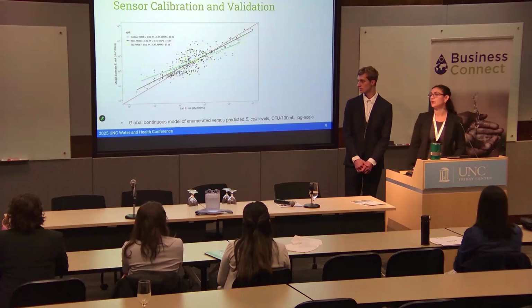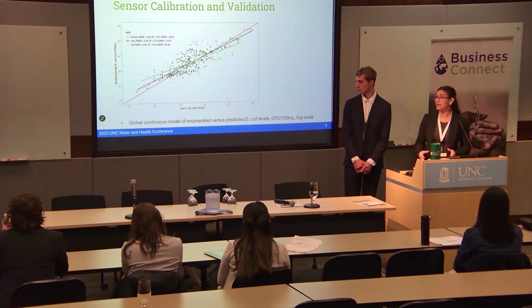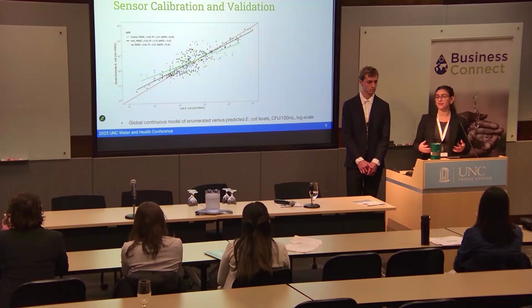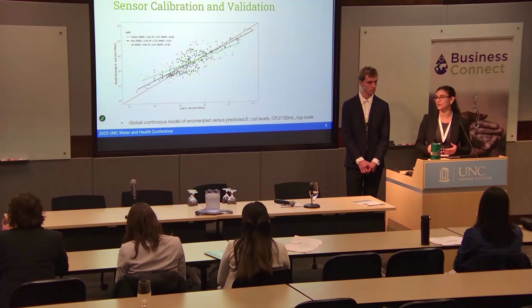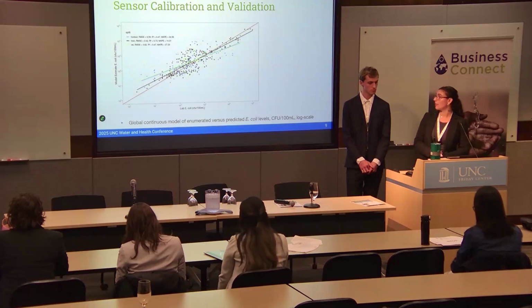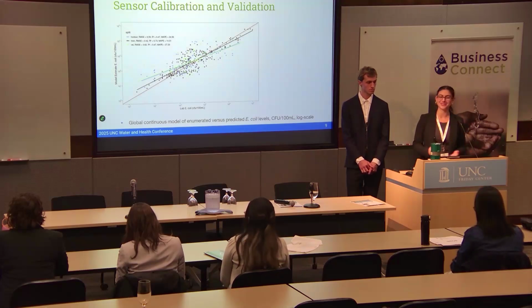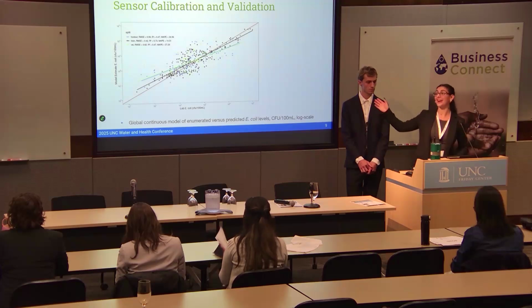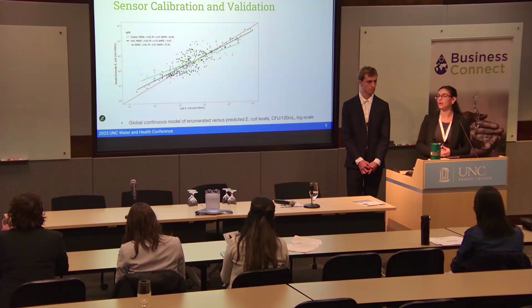At the lower end, anything less than 10 CFUs per 100 mL is a pretty difficult challenge, not necessarily only for the sensor to detect, but also because, based on our ground truth methods, we're seeing levels of error up to 30%, which is inherent in those methods, which makes it challenging to identify orders of magnitude at such a low range. But unfortunately, the Seine is pretty contaminated, and so some of those higher data points that we have, up to tens of thousands of CFUs per 100 mL, are landing relatively accurately with the rest of the model.